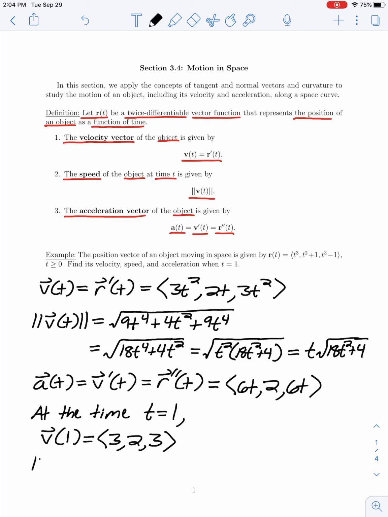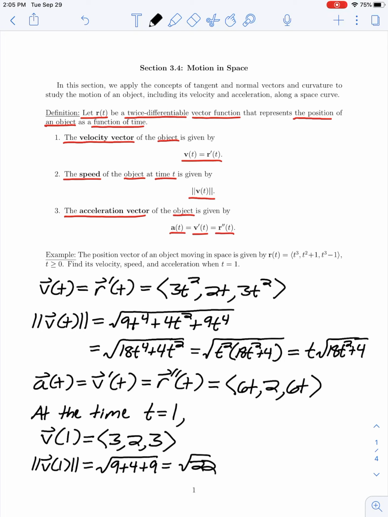The speed would be the magnitude of this velocity vector. So either using the expression that we found earlier, or taking the magnitude of this vector, which we just found, we would have the square root of 9 plus 4 plus 9, which would be root 22.